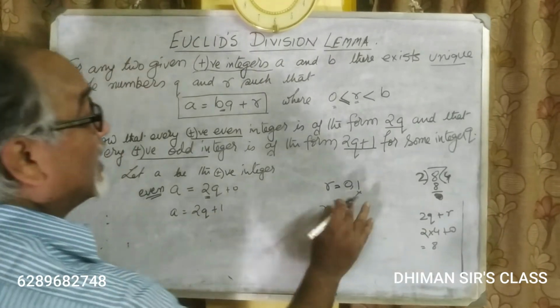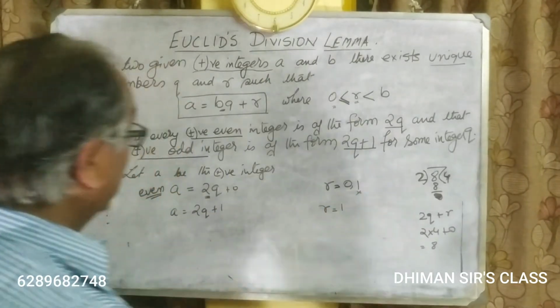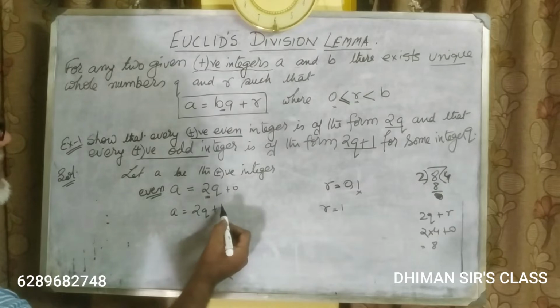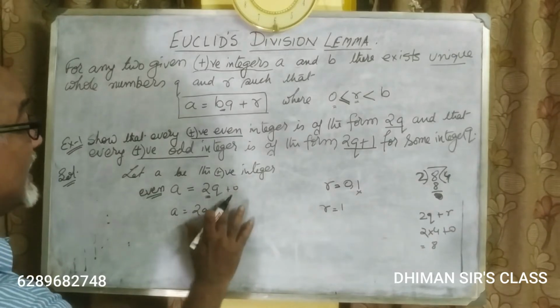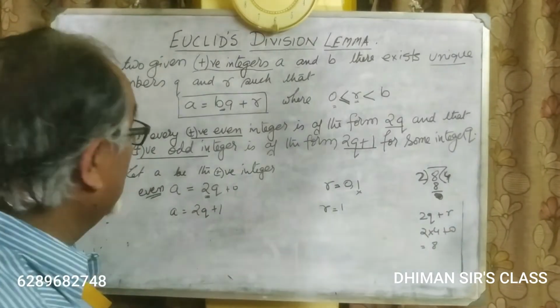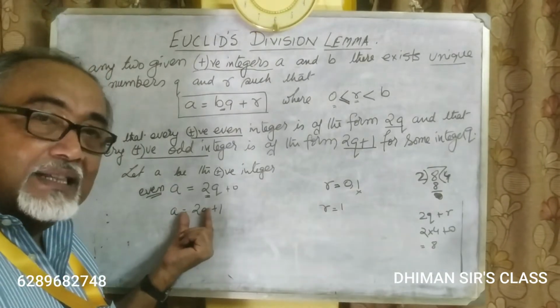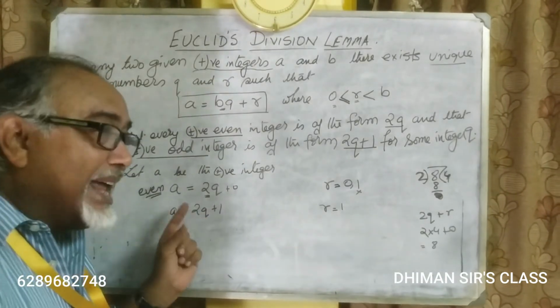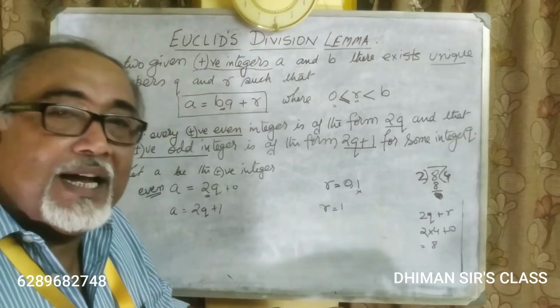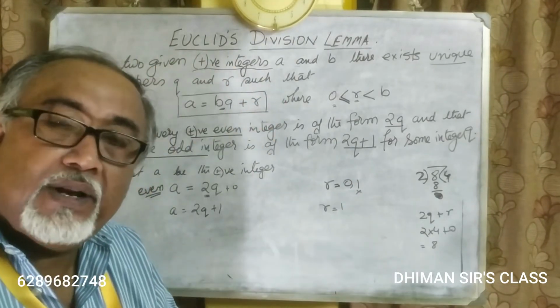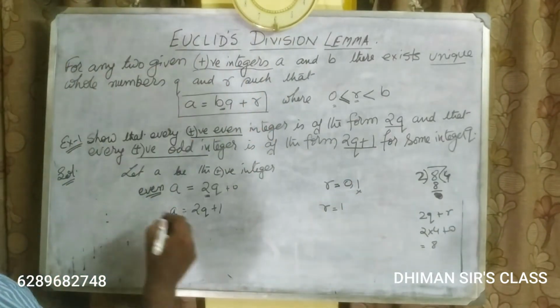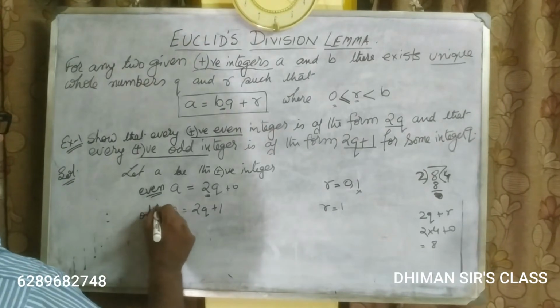R is given as 1, of course. It is already given. This is nothing else but R. R is 1 here. So that means some number that is divisible by 2, but along with that, if we are adding 1 to that number, it can never be an even number. It has to be an odd number. Therefore, it is odd.